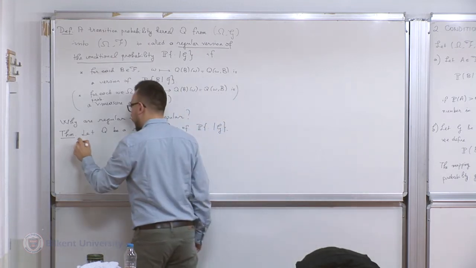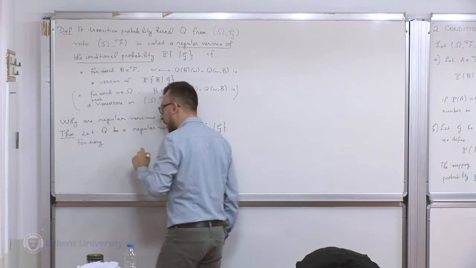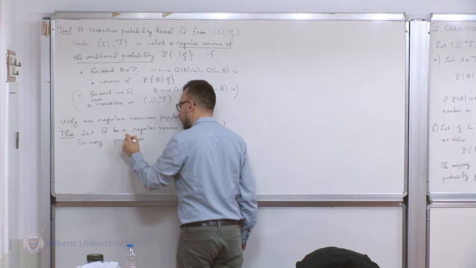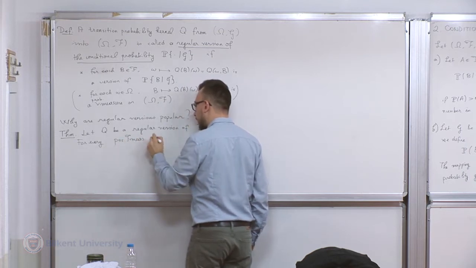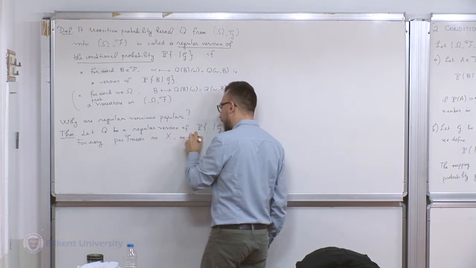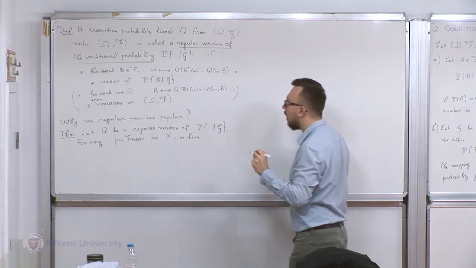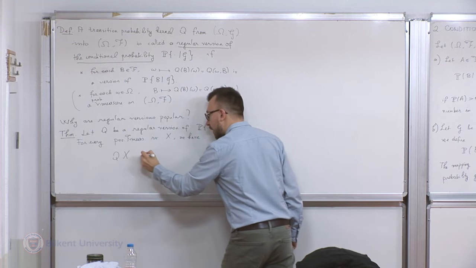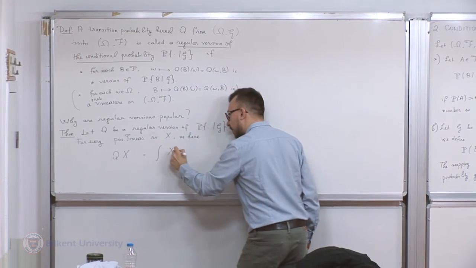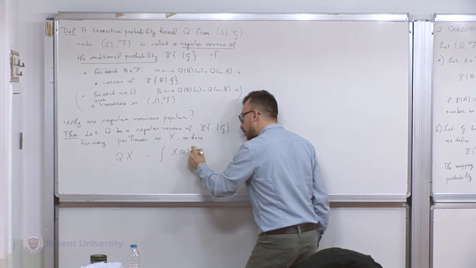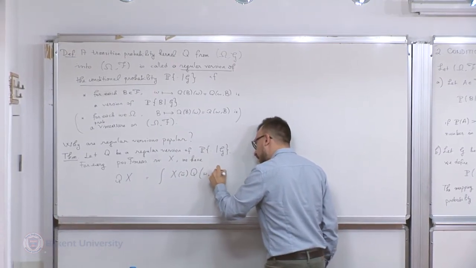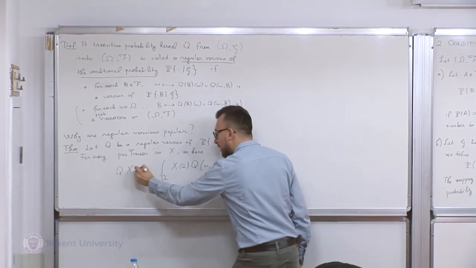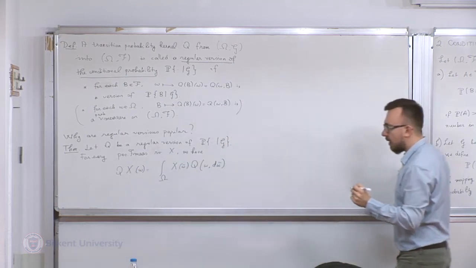Then for every positive measurable, F measurable random variable X, we have that when we integrate X with respect to Q, namely we look at the integral of X of omega bar, Q at omega, d omega bar, and this is the value at omega.